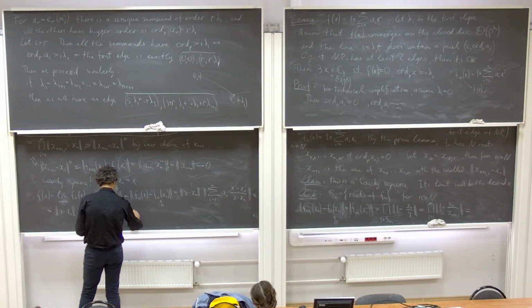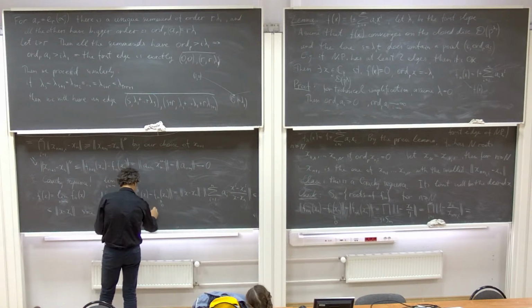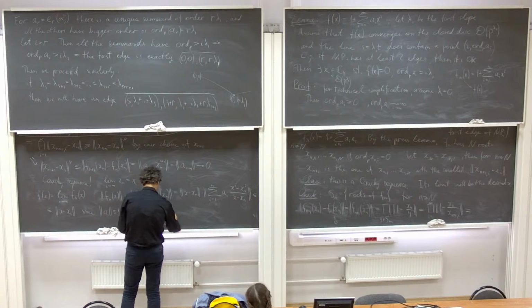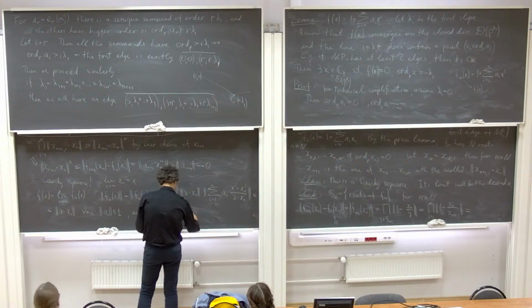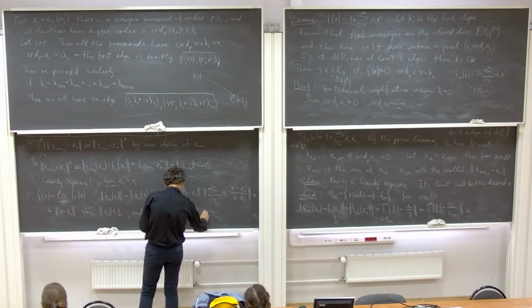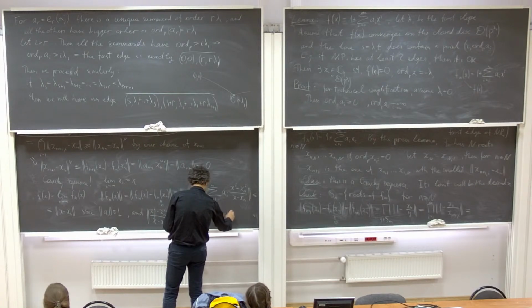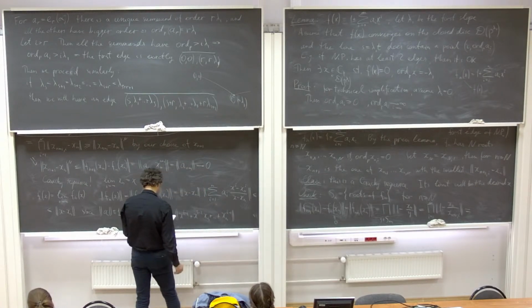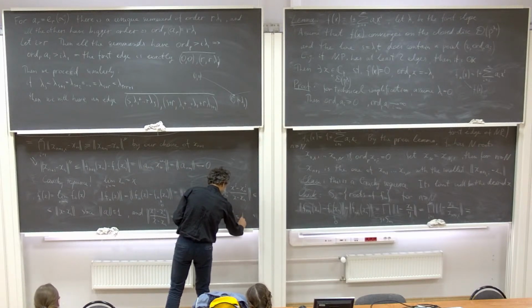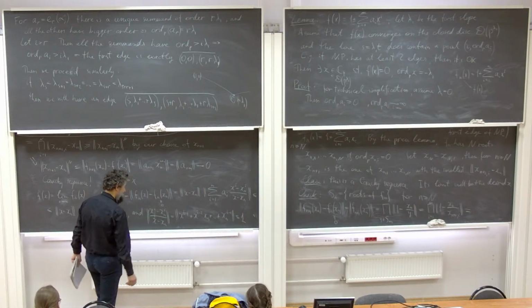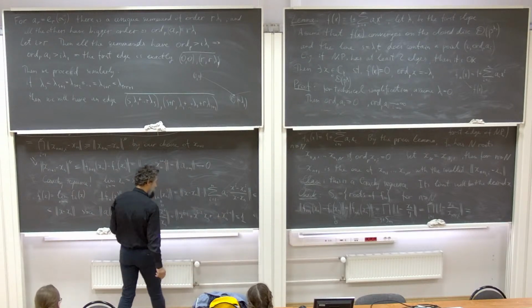Okay, and the norm of the ratio, x to the power i minus xn to the power i over x minus xn, is the norm of x to the power i minus 1 plus x to the power i minus 2 xn plus so on plus xn to the power i minus 1, and this is at most 1, because all of them have order at most 1.